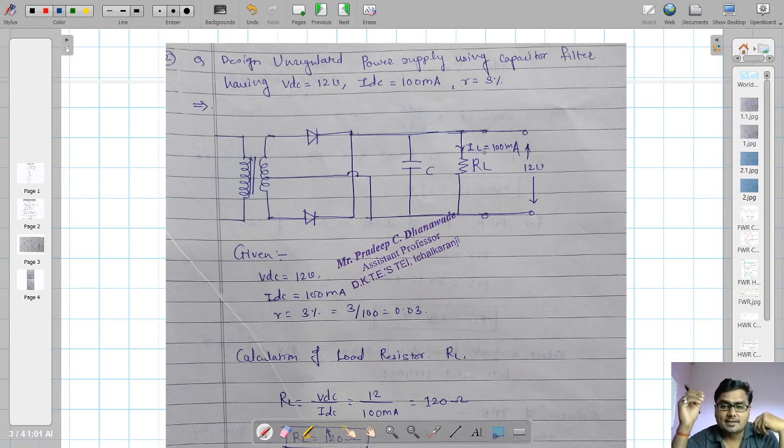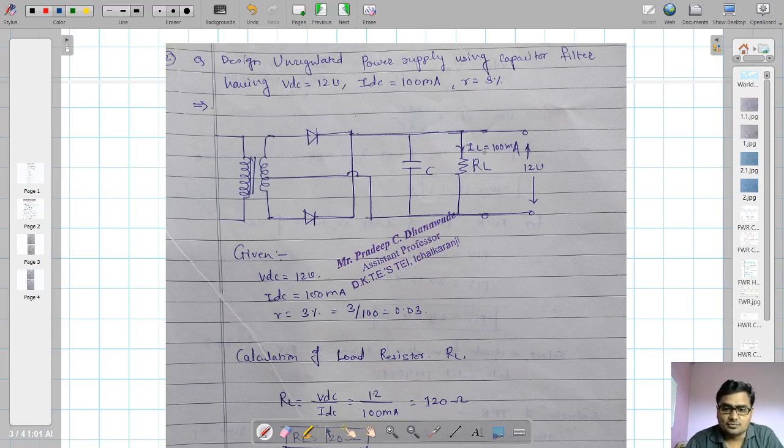We have seen that to solve only two numericals without a filter, it took us 45 minutes. So obviously, if I start drawing the circuit diagram and writing each and everything on this digital pad, it will take a lot of time.